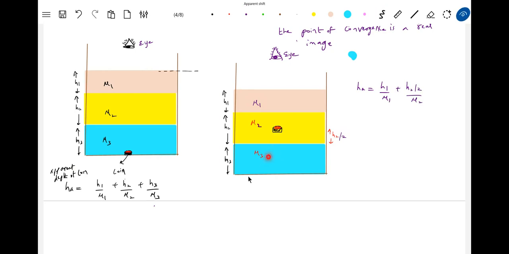This layer will not come into the picture because the rays emitted by it will undergo refraction here and here. They will not undergo any refraction here. So therefore, the apparent depth due to layer 3 will not come into the picture. The basic idea is that the rays emitted by it will come here.